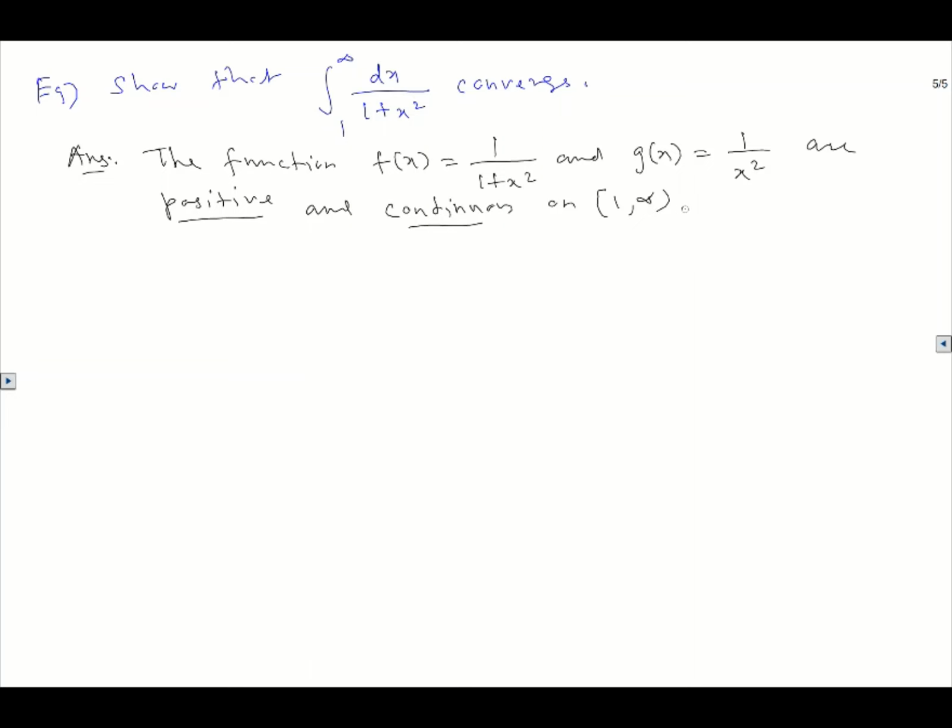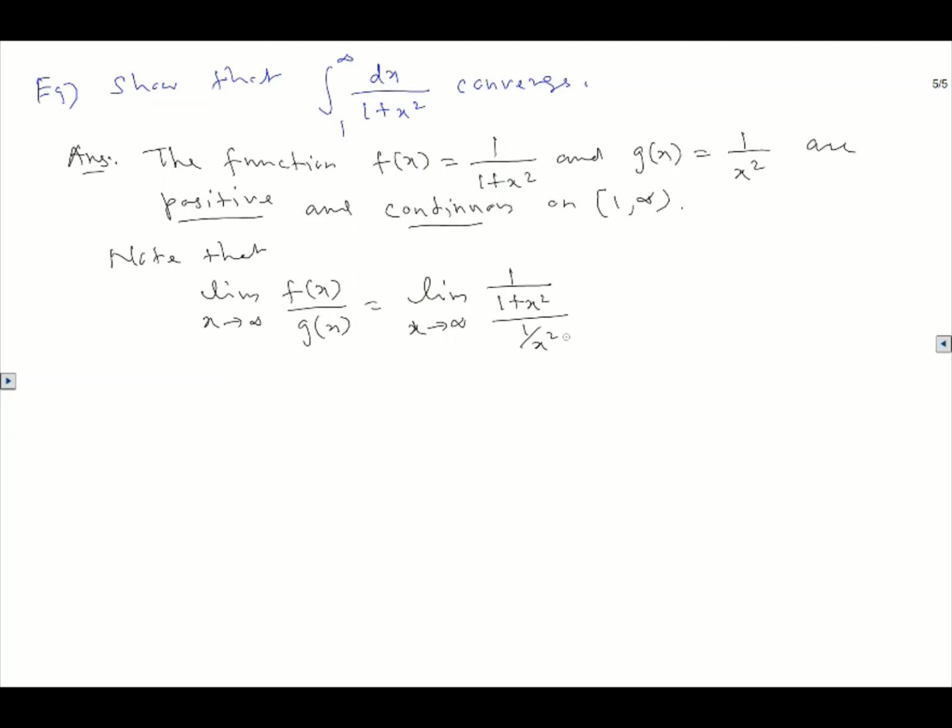And then what we can do now is consider what's going to happen in the limit. Note the limit as x goes to infinity of f(x) over g(x). So let's plug in. It's the limit as x goes to infinity of 1 over 1 plus x squared, divided by 1 over x squared.